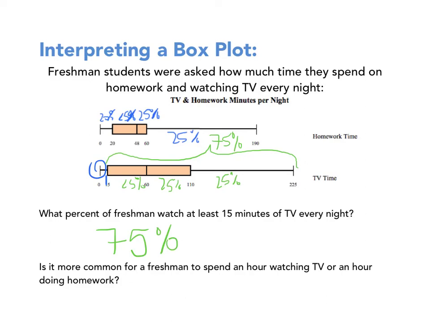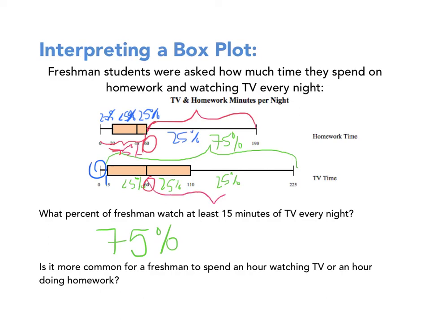The next question, is it more common for a freshman to spend an hour watching TV or an hour doing homework? So we need to analyze our box plots a little bit. Well, I see an hour is 60 minutes, and that's right here on my TV time, and that's right here on my homework time. And I see that only 25% of students spend at least an hour on their homework. We only have 25% left over because this whole chunk here is going to be 75%.